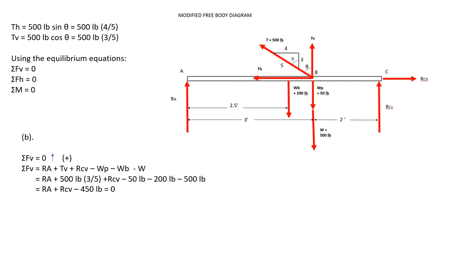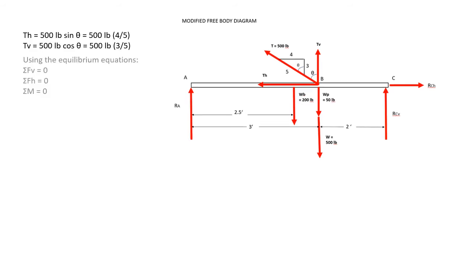Simplifying, we now have RA plus RCV, which is the reaction at C vertical, minus 450 pounds equal to 0. Since it is equal to 0, we can transpose the 450 pounds. Therefore, we have 450 pounds equal to RA plus the reaction at C vertical, and this is our equation number 1.